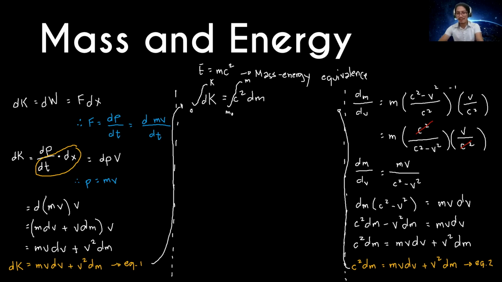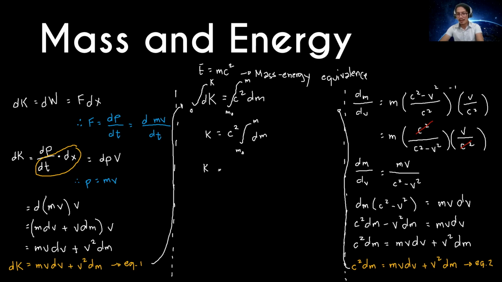Again, there is no such thing as relativistic mass. So our final equation will become K is equal to, this is constant. Remember, this is the speed of light. That is constant. So labas natin yan. So this is c squared times the antiderivative from rest mass to the relativistic mass of dm.